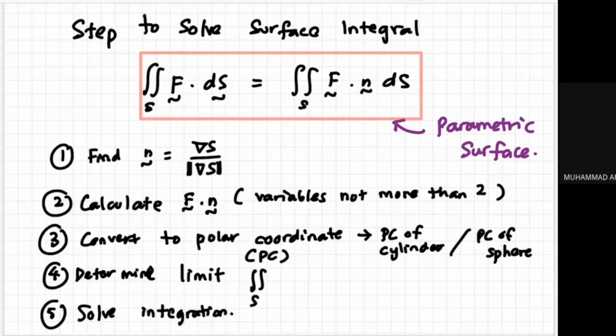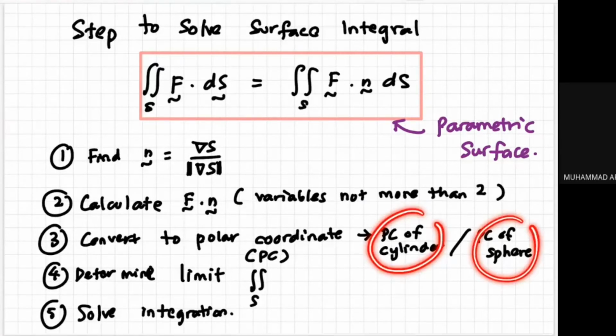So how do we solve the surface integral? This is the formula for the surface integral for a parametric surface. The first step is to find the n, and then calculate f dot n, just do the dot product. Then convert to polar coordinates, whether it is a cylinder or a sphere.